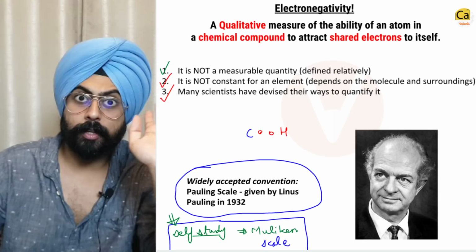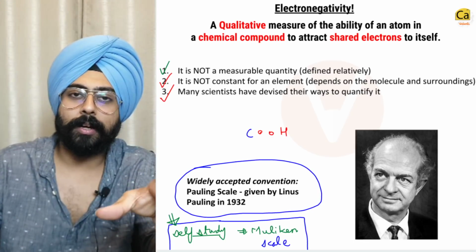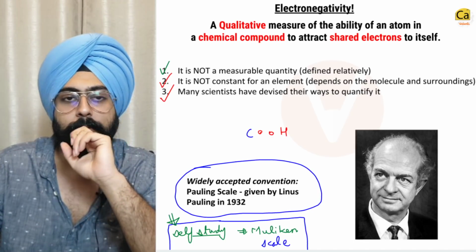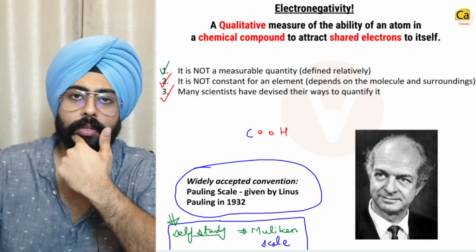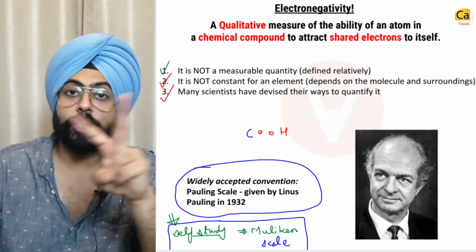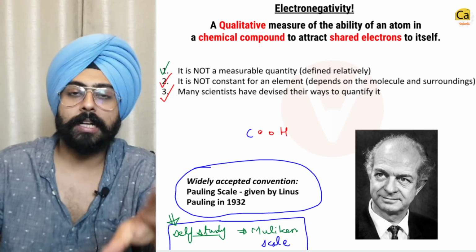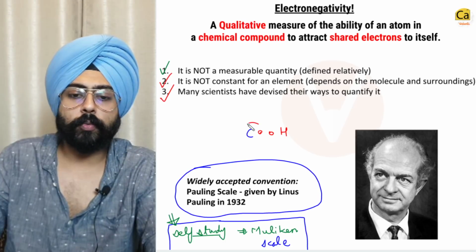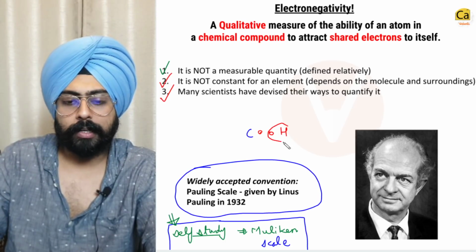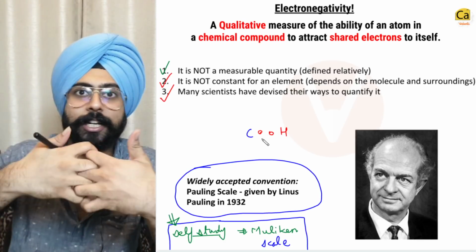You might say, no, sir, because there are banana bonds. You will learn about banana bonds later in the S block chapter, P block chapter. In banana bonds as well, you have 3-center 2-electron bonds. Whatever those bonds are, they are also 2-electron bonds. So these are the 2 electrons. 1 electron will be coming from carbon, 1 electron from hydrogen. They are going to share their electrons together.